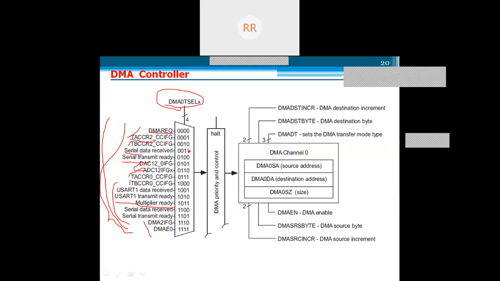Next, coming to how the data transfer can be done. If you want to send some information from one source to another destination, we should have the source address and destination address. For that, as we are discussing channel 0, there is DMA 0 SA, the source address. Similarly, DMA 0 DA, the destination address.